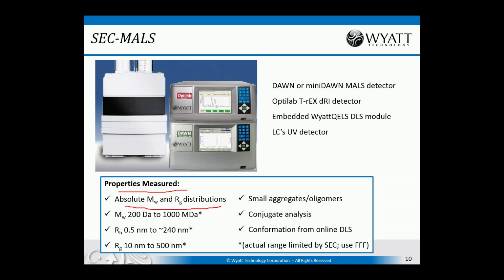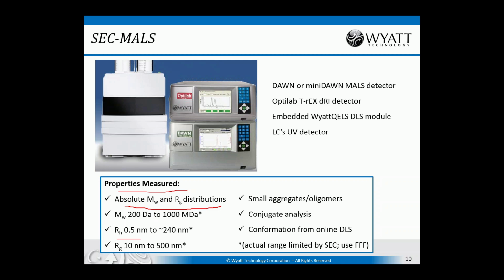The range of hydrodynamic radii that can be measured using the incorporated DLS module begins at about half a nanometer. Again, the upper limit will depend on the specific detector and specific fractionation technique. Using field flow fractionation and the DAWN, you can go up to about 240 nanometers.